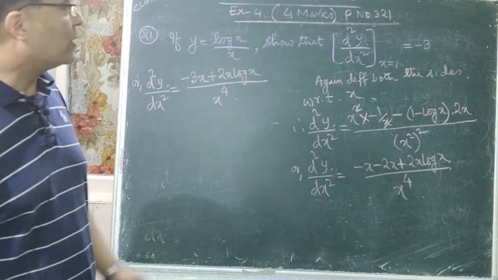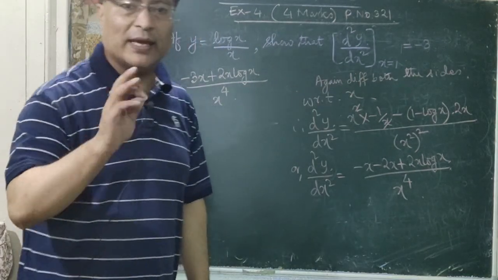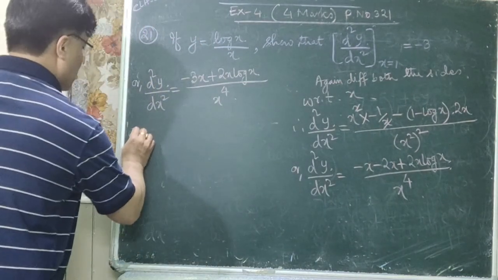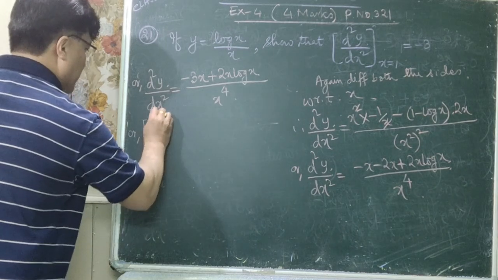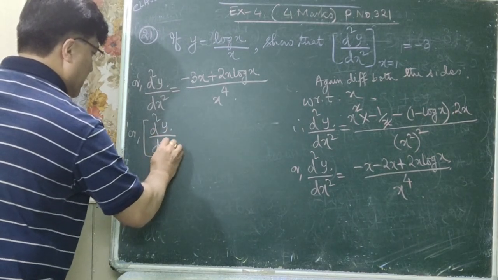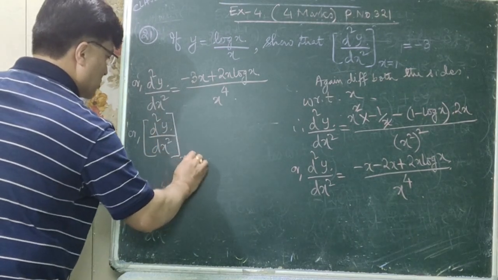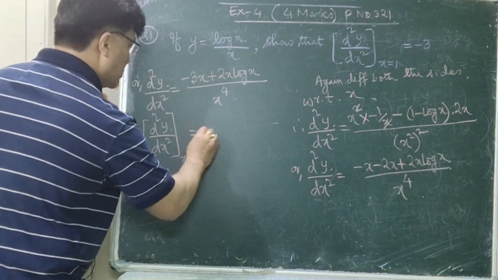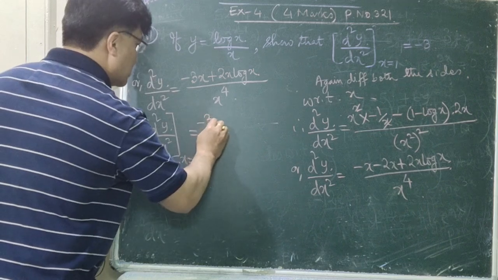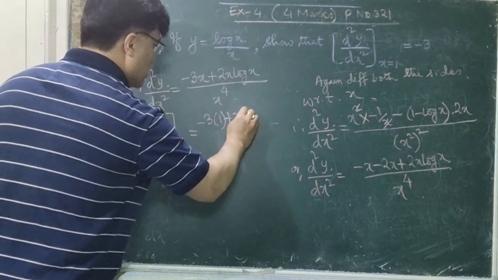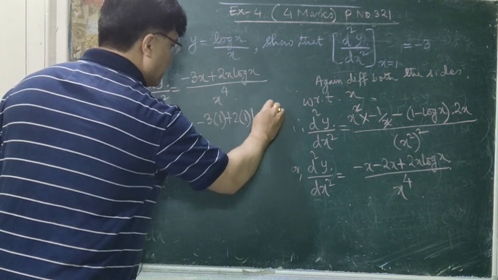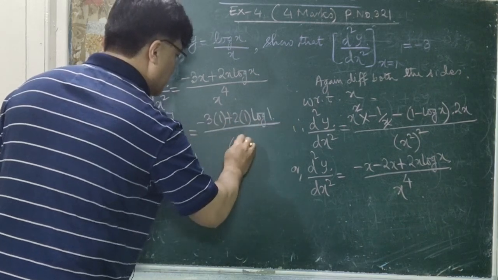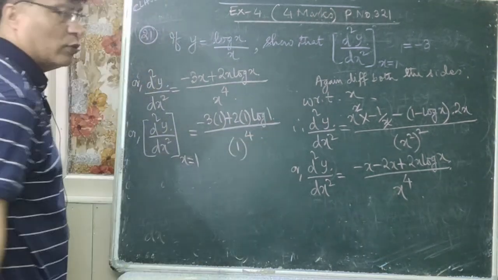Now you have to get the value for d2y by dx square when x is equal to 1. So write it within third bracket, d2y by dx square, third bracket is closed. So here you can put x is equal to 1, which is equal to minus 3 into 1 plus 2 into 1 log 1, this whole divided by 1 whole to the power 4.